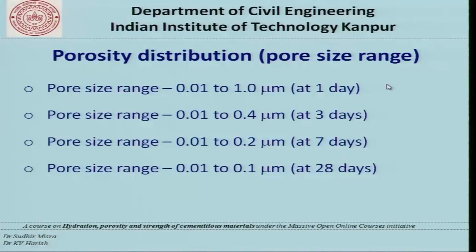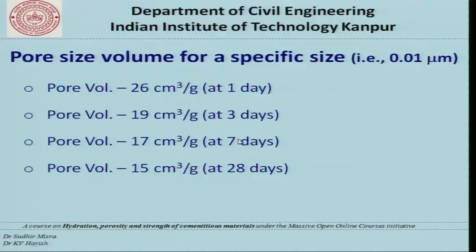That is an indication that when the period of curing increases, the pore sizes become smaller and smaller. Likewise, the pore volume also decreases for each one of the cases.